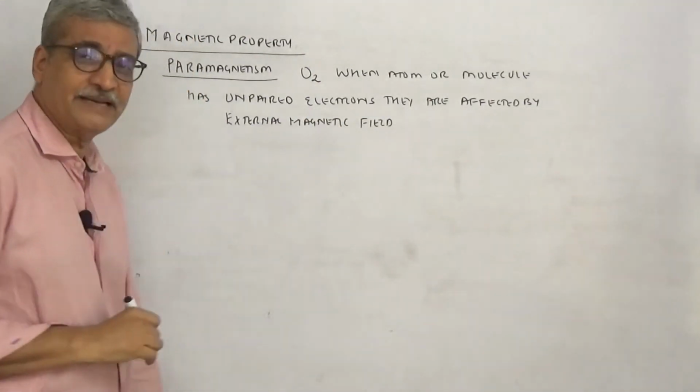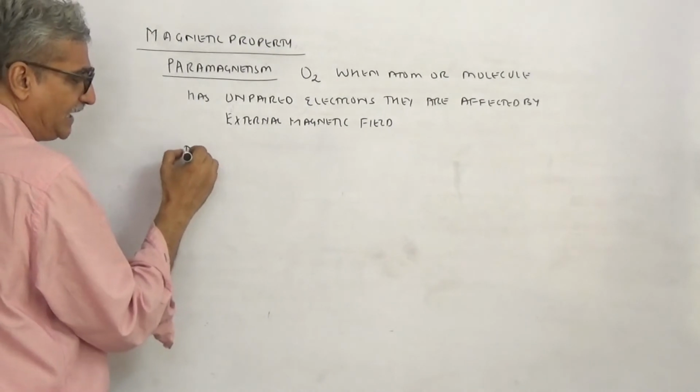So they are called paramagnetic behavior. What is diamagnetic?